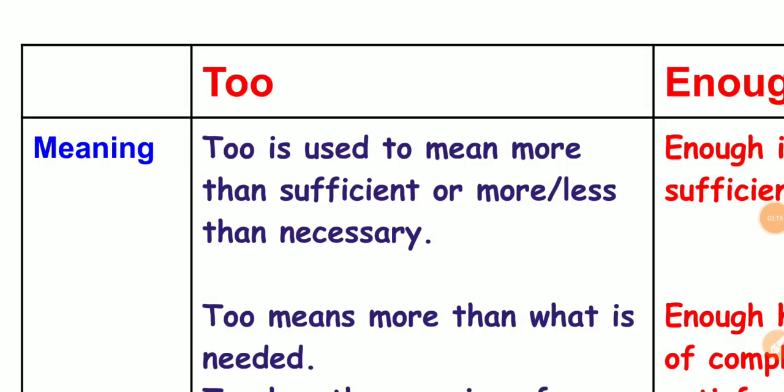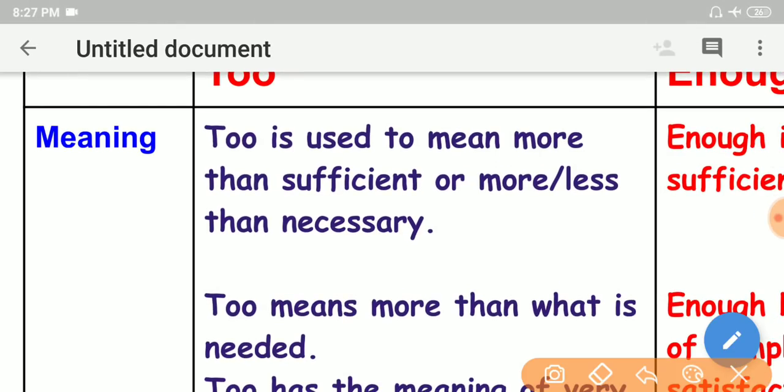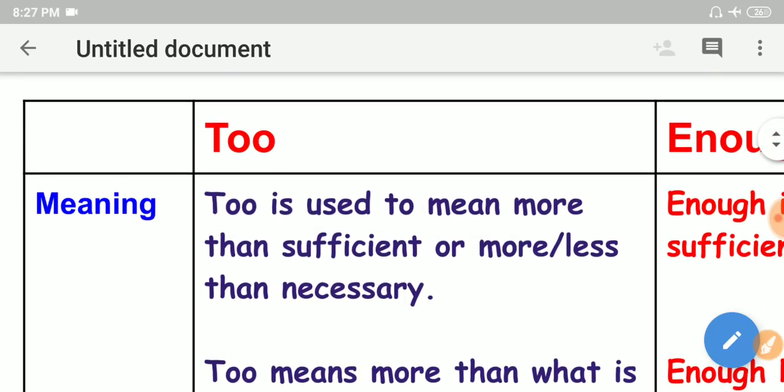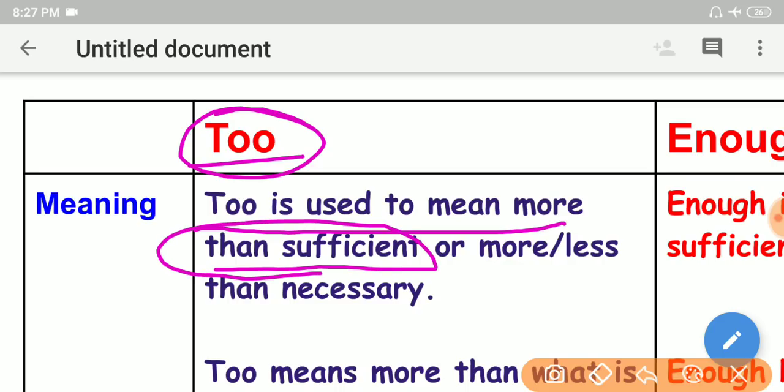See, my dear friends, first we are going to discuss the meaning of the words too and enough. So here, what is the meaning of the word too? See, too is used to mean more than sufficient, more than necessary.